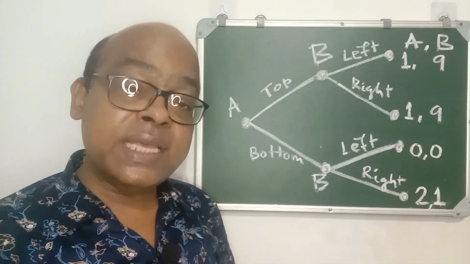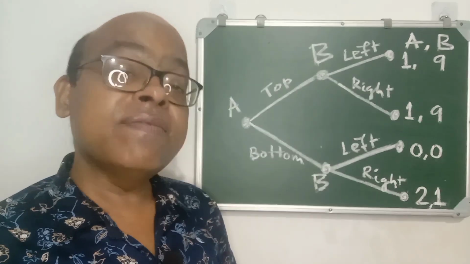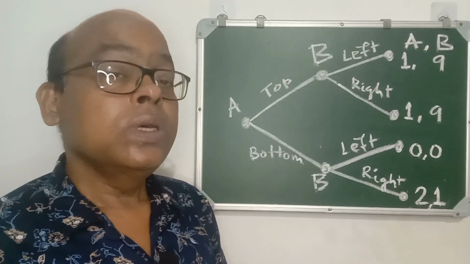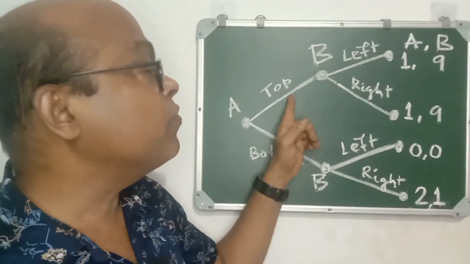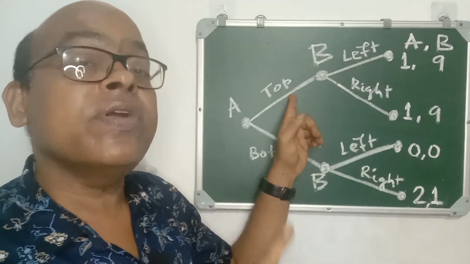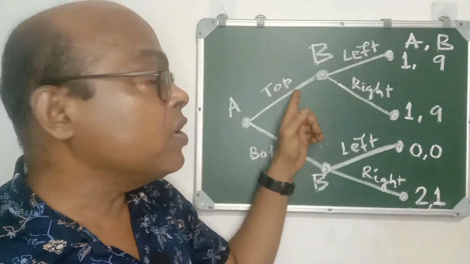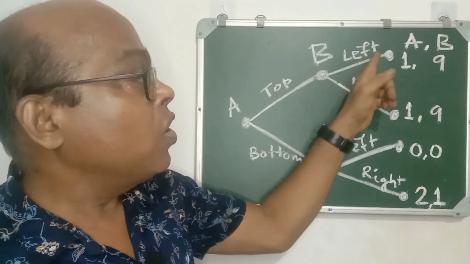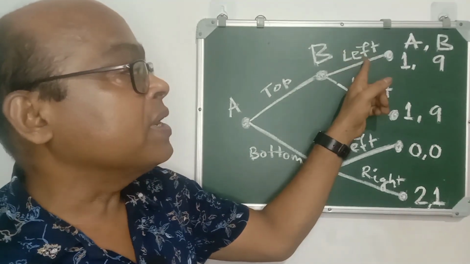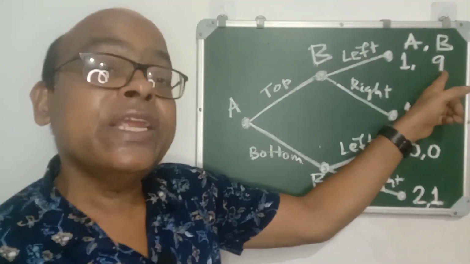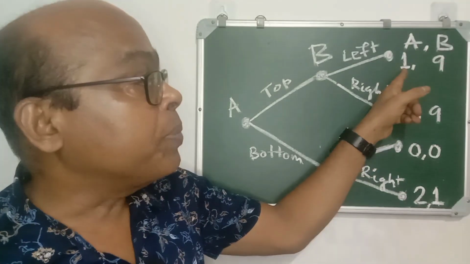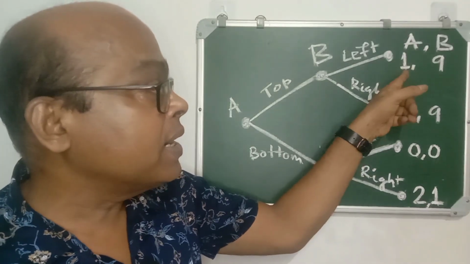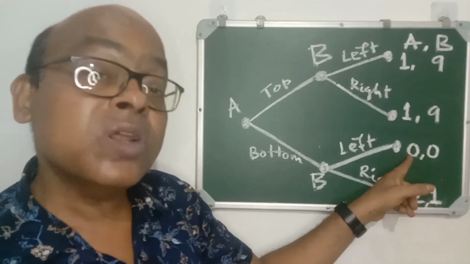So with this threat, if this threat continues, then player A has to move top. He has to go for the top strategy. If he goes top, automatically B will play left. So 1, 9 will come again as the payoff. At least player A will get 1 rather than 0 after threatening.